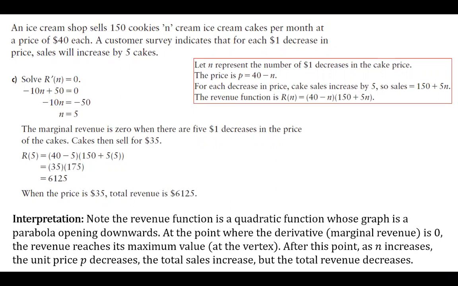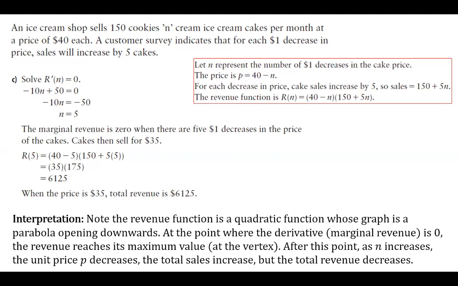After this point, as n increases, the unit price P decreases, the total sales increase, but the total revenue will decrease. So we can find the optimum value for n to maximize our revenue, right? This is useful information for the owner of this business. Okay, any questions?